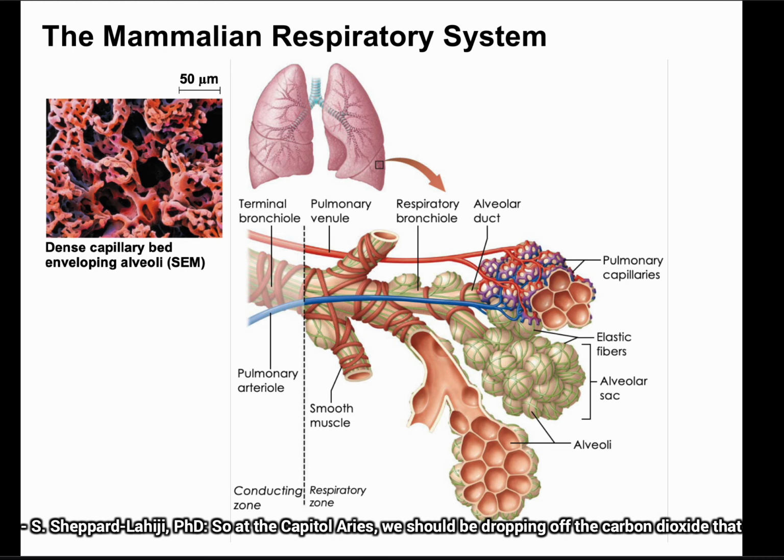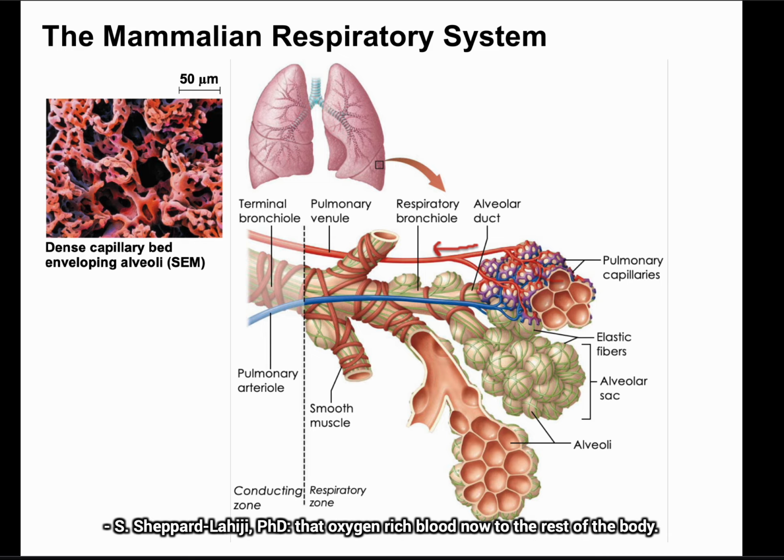So at the capillaries, we should be dropping off the carbon dioxide that was coming through via the pulmonary arteriole. We should be receiving oxygen that is housed within the alveoli, and that's going to help to bring the oxygen content up into the pulmonary venules, and then we'll bring that back to the left-hand side of the heart where we can conduct that oxygen-rich blood now to the rest of the body.